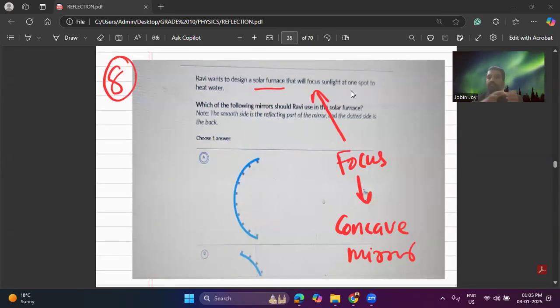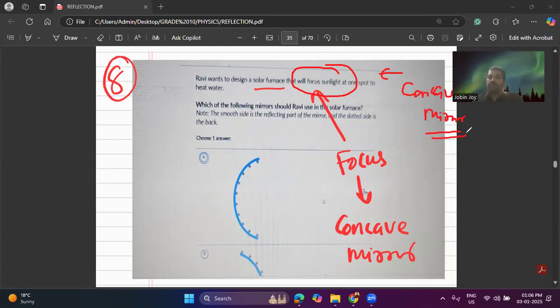That means we will be focusing the beam of light. So if there is a term related to focusing, then you can directly choose the answer as what? Concave mirror. So the answer will be concave mirror. No need to think anything.